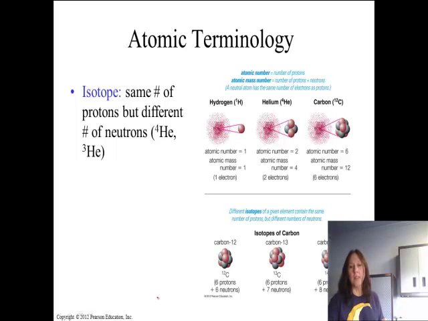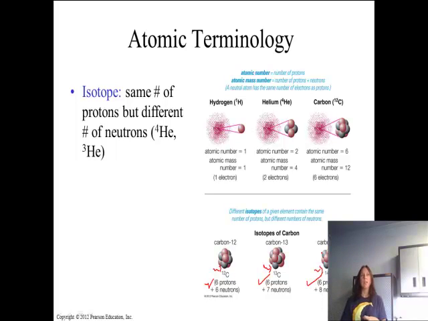But the mass number here is given in the upper left-hand corner: mass number of 12, mass number 13, mass number 14. What it is telling us is that in the first case, a mass number of 12 minus 6 protons for carbon means that there are 6 neutrons. We did that one before.